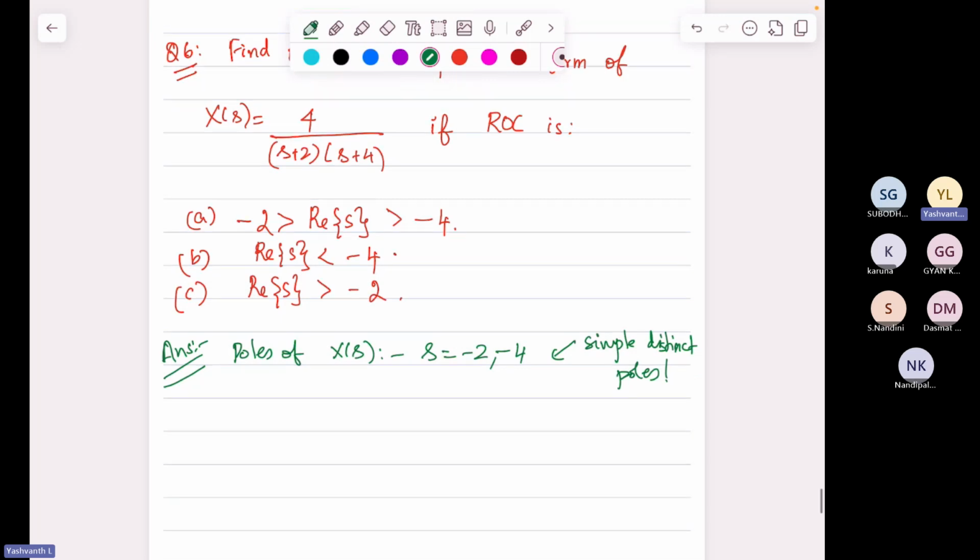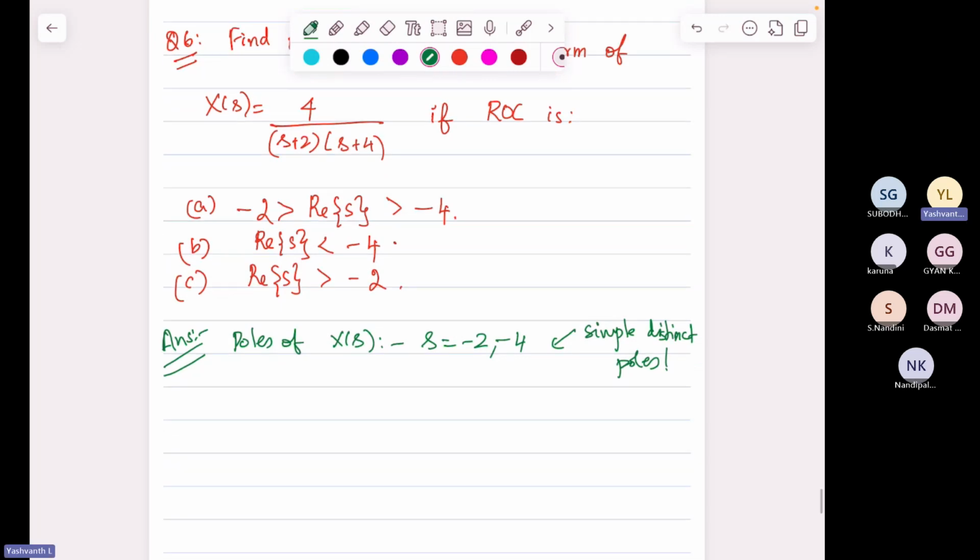Distinct poles. Therefore, by partial fraction expansion, you can write x of s is equal to k1 by (s plus 2) plus k2 by (s plus 4).